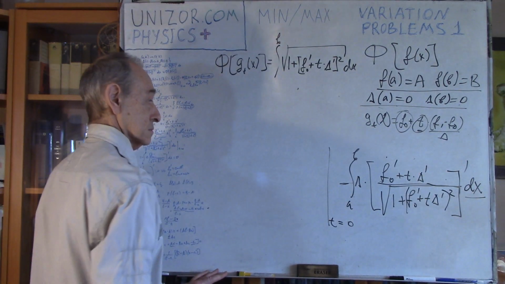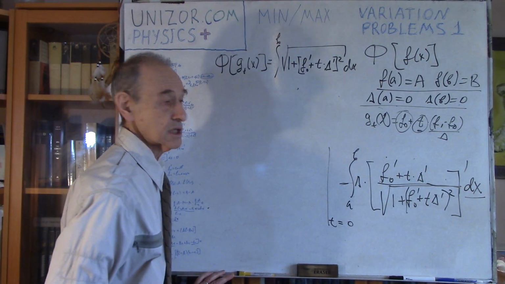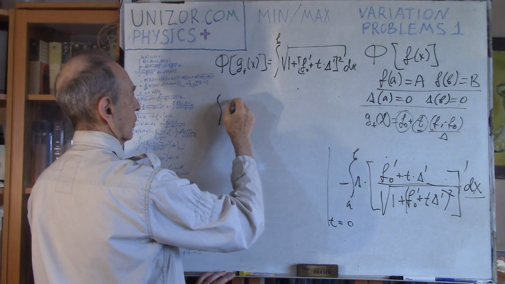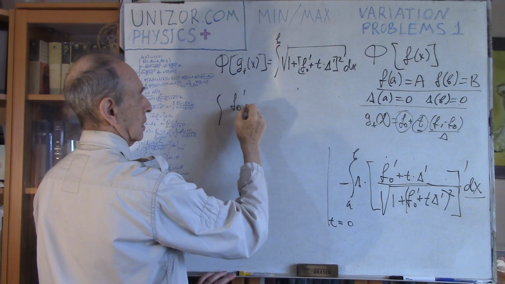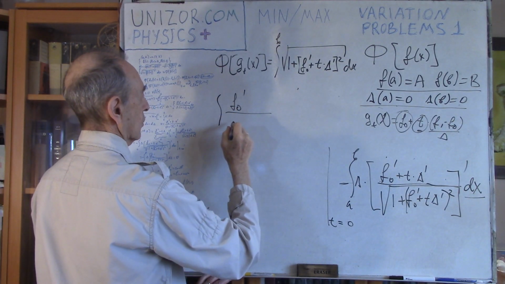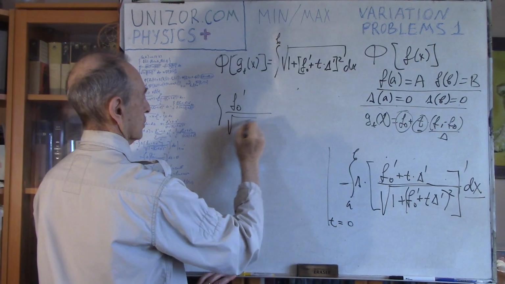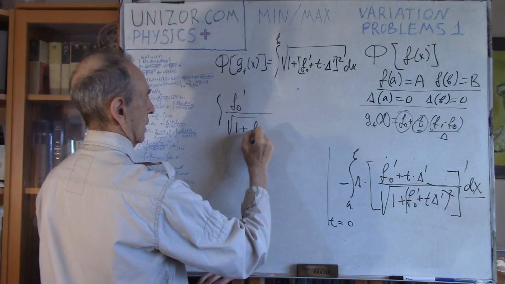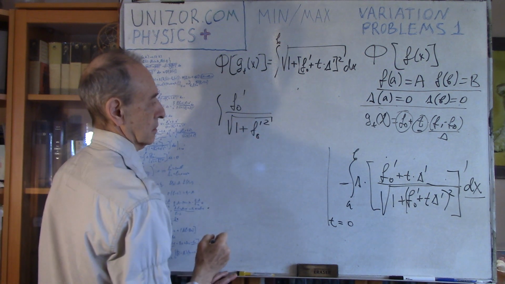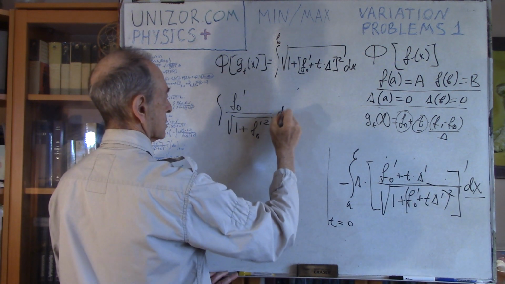Well, let's just substitute t equal to 0. We will have the integral of f0 prime over square root of 1 plus f0 prime square, dx.